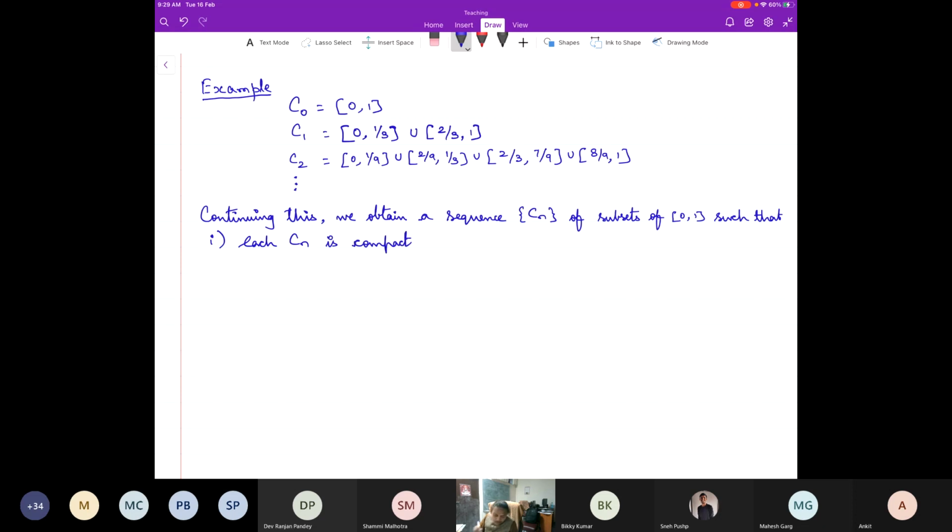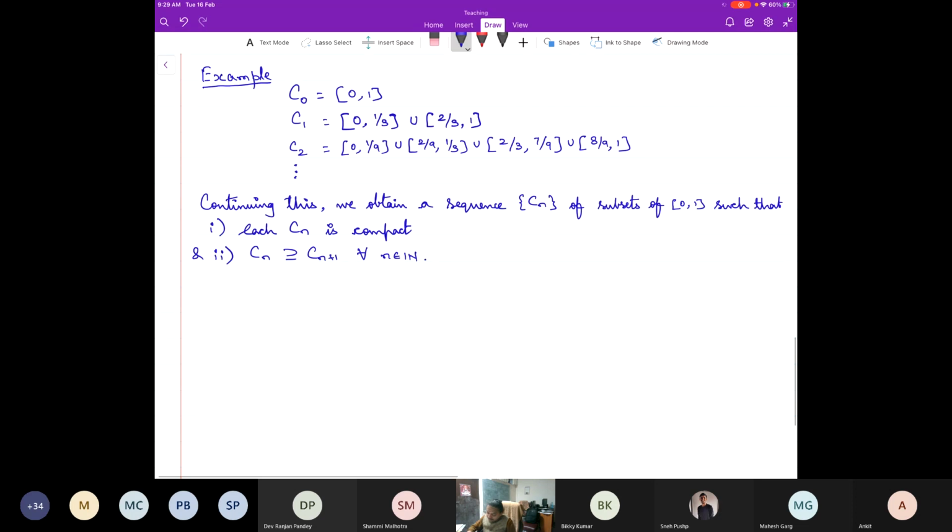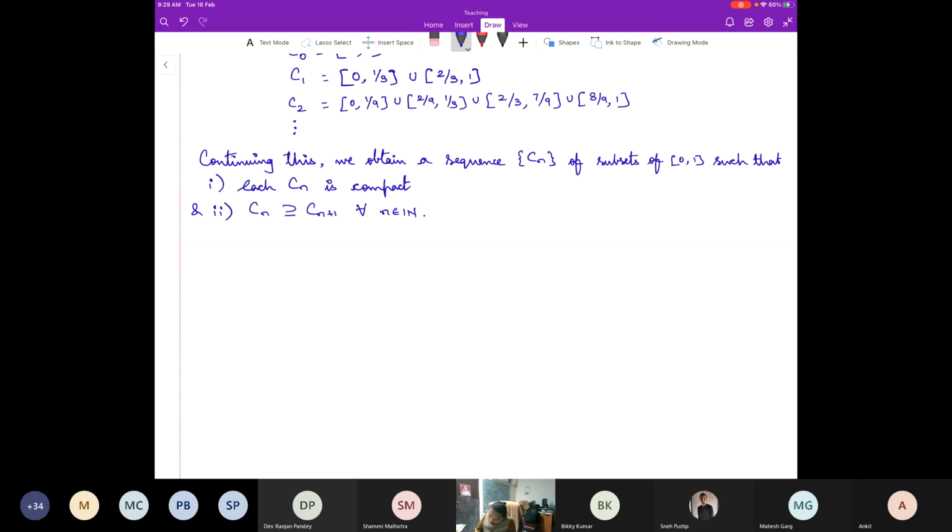In fact, it is closed and bounded. And the second one is that Cn contains Cn plus 1. Right. So now let me call C the intersection over n in N of Cn.